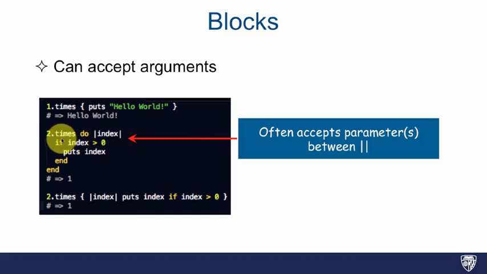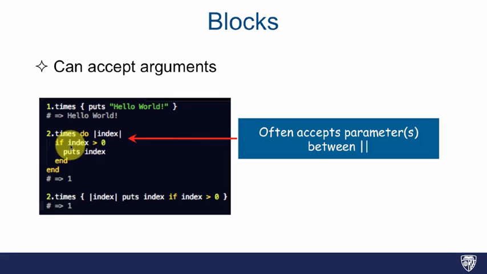So in this case, it's the same method times, and you could pass in a parameter in between the pipes, like so. It just happens to be that the parameter to the block, which is passed as the last parameter to the times method, is index, the index of which iteration inside the loop you are in.